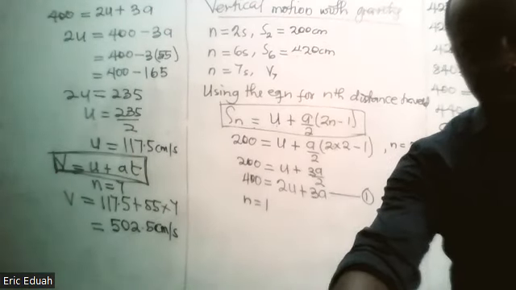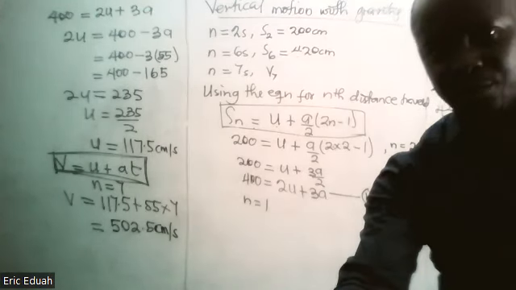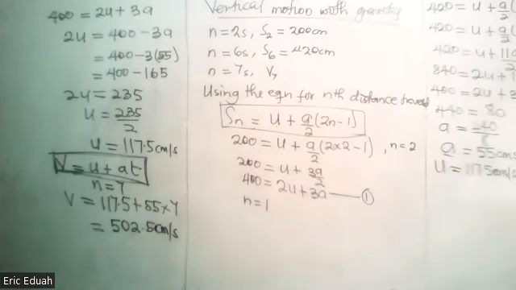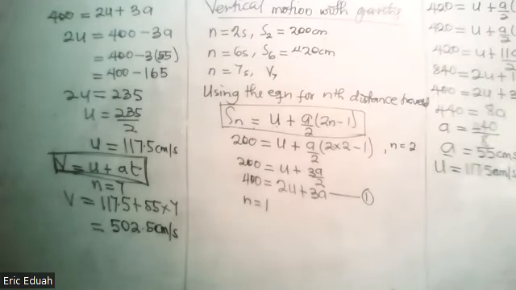Please, I have a question. They said the first 2 seconds is 200, like the body moves 200 centimeters. Then the next 6 seconds. So it doesn't mean the total will be 8 seconds? Hold on. The next 4 seconds.